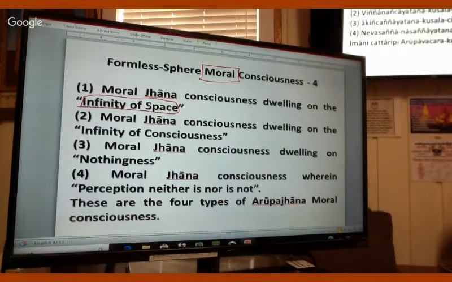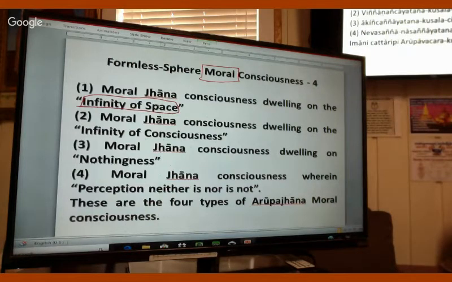But you need to understand that akasa is not the sky. In Pali, akasa sometimes represents the sky. In Hindi, it is Akash. But here, akasa is not the real space.